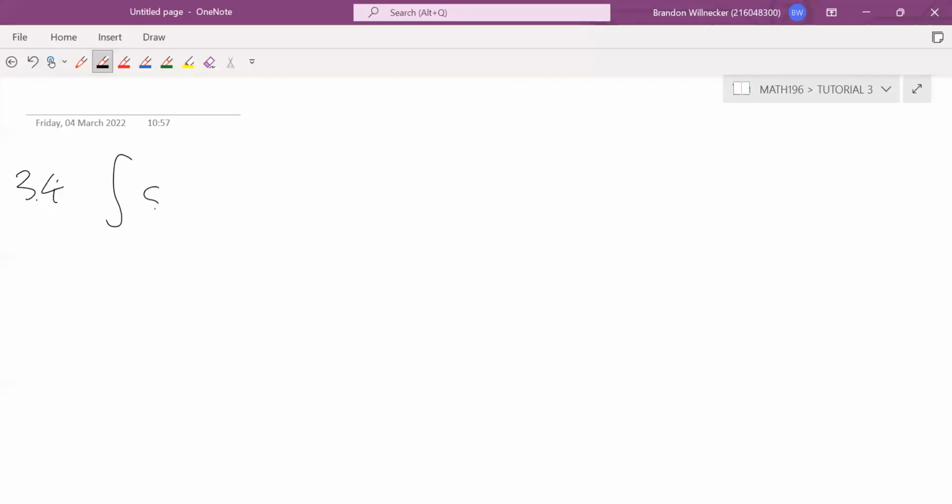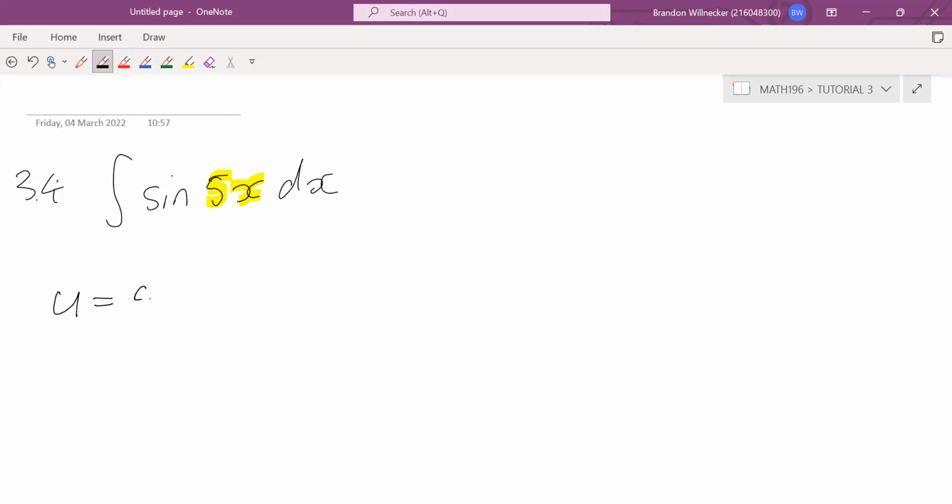So we have the integral sine of 5x dx. Okay, so we know if this was just sine of x, we could integrate that very easily, but this is sine of 5x. So this 5x is what's making it a bit more difficult than normal. So that tells us what u should be.